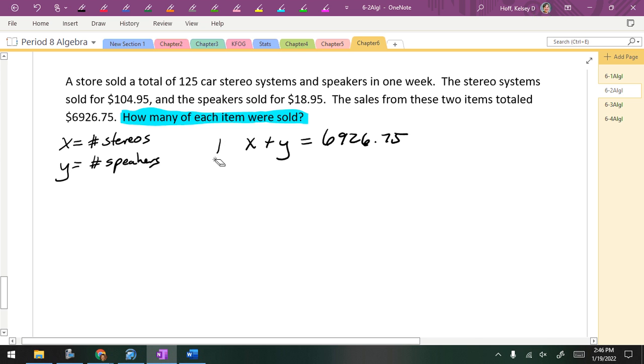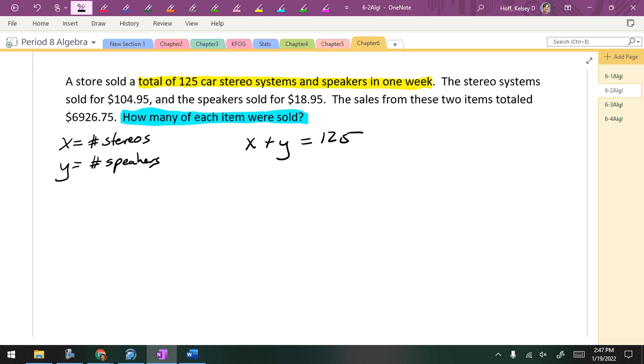Oh, you're telling me it equals 125? You want me to erase this? So you're telling me the number of stereos plus the number of speakers is 125? Okay, in that case, you're absolutely right. A total of 125. So the two items, if you counted, 1, 2, how many boxes went out? You have 125. Be cautious with your money. You got to have money show up, right?